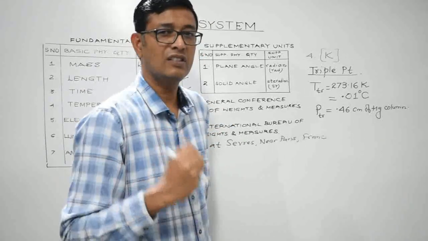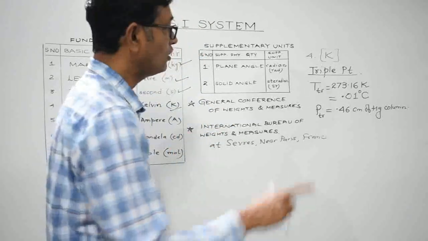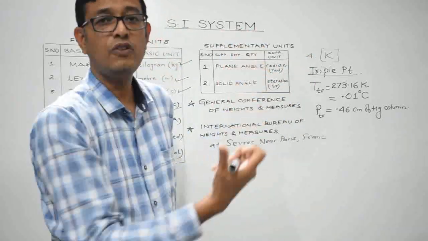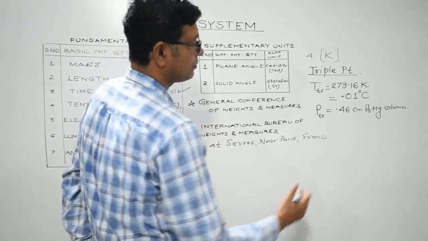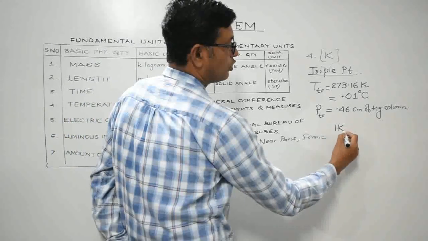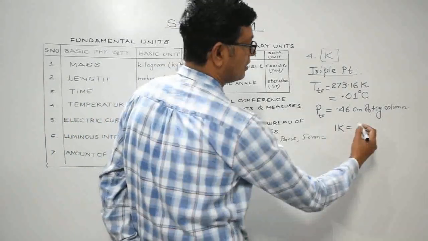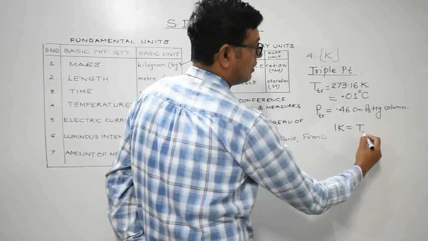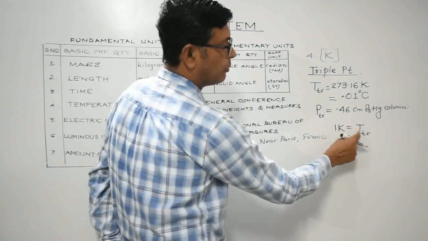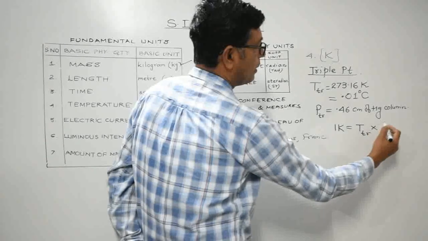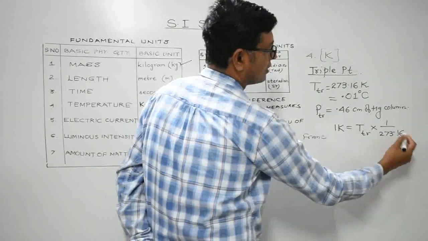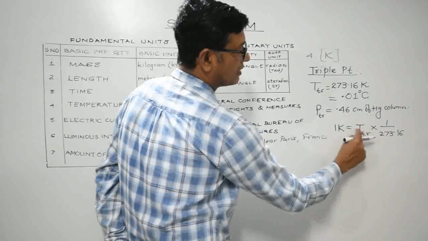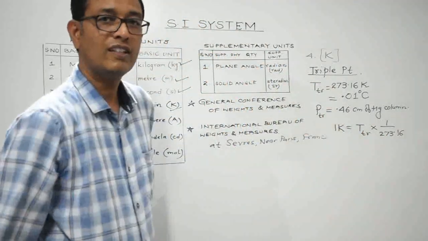So why are we discussing this? It's because Kelvin is defined in terms of the thermodynamic temperature of the triple point of water. Now look, 1 Kelvin is to be defined. Can we write it like this? This is the thermodynamic temperature of the triple point of water. If I multiply by 1 by 273.16, then it will get cancelled. So it will give us 1 Kelvin.